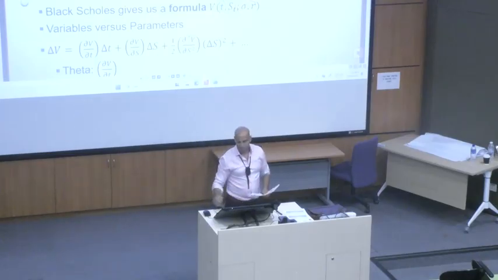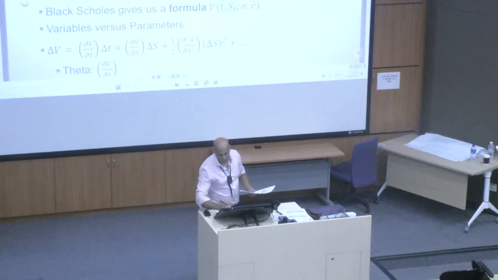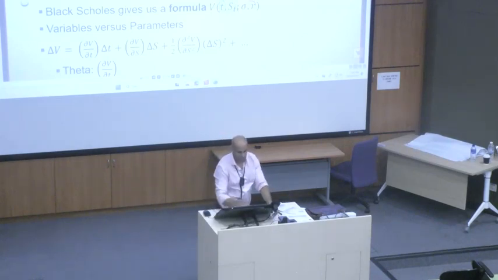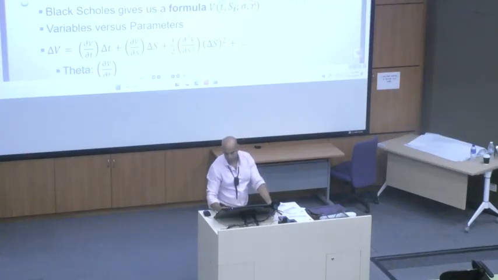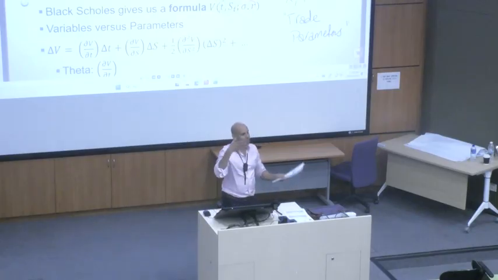And then you notice that there's also K, T. They don't really fit anywhere. I would call them trade parameters. They lock down a particular derivative.